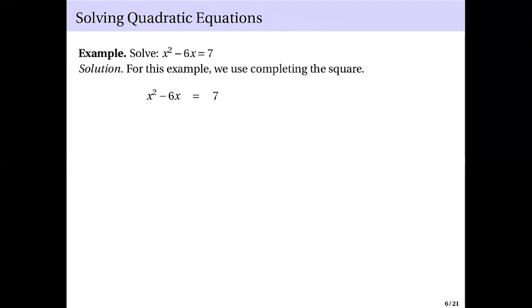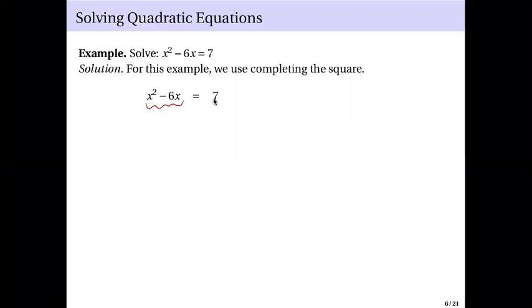So here we have x squared minus 6x equals 7. What we're going to do is to use completing the square in solving this equation. So how are we going to do that? You start with the left side, and the 7 on the right-hand side, you just leave alone.